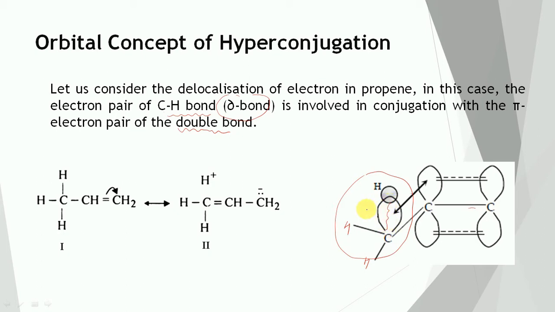This one is the sigma bond, and it is going to break, and this sigma bond is going to take part in conjugation with the double bond. So a new pi bond will appear, and this pi bond will shift toward this side. So let us see this picture more clearly.